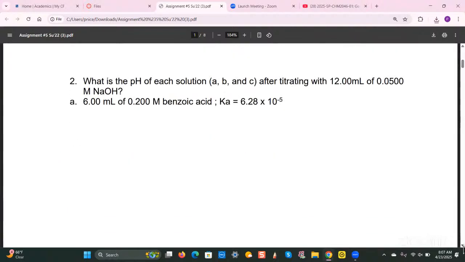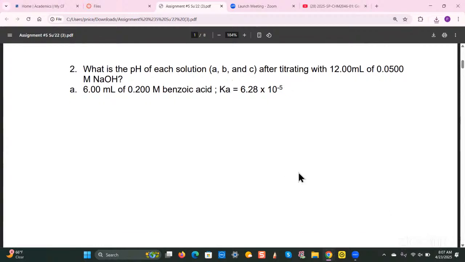All right, so for this, you're talking about determining the pH when you add a certain amount of base to an acid solution, and it gives you information about the acid, like in the case of A, 6 mL of 0.200 M benzoic acid, and it gives you the Ka value for the benzoic acid, and it gives you the volume of the base added, and the molarity, all right? So the first thing you'd have to do is, it's an acid-base titration type problem.